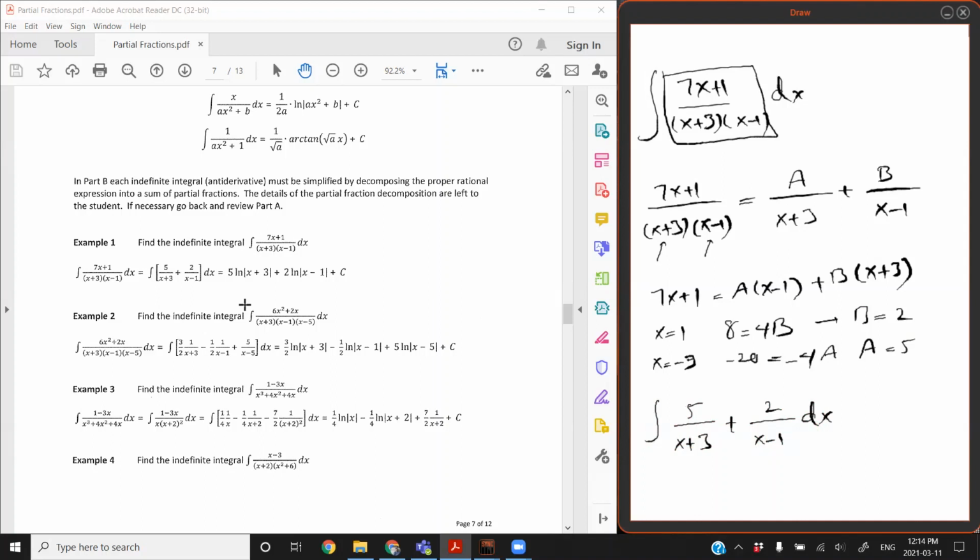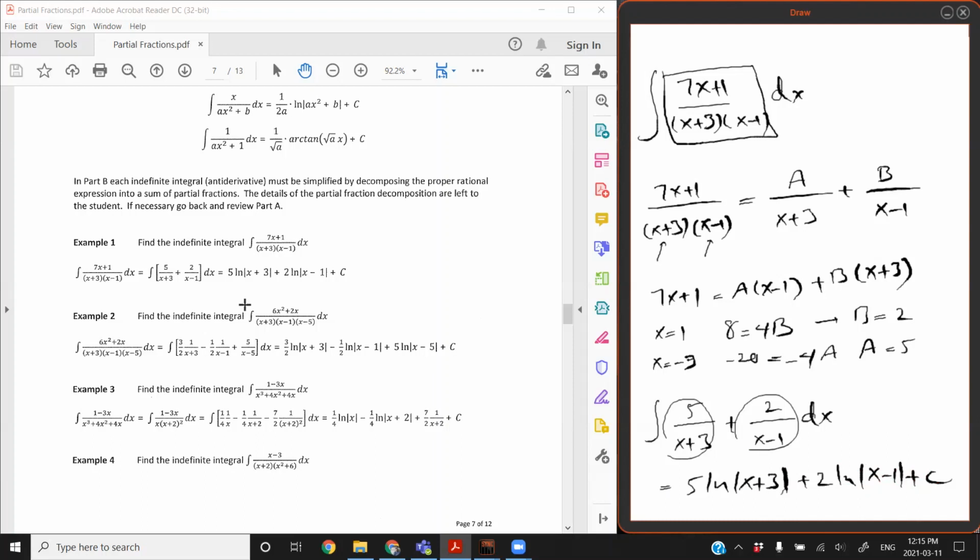Then I have two simple fractions. I can easily find the antiderivative of these ones using a substitution, taking the denominator to be u. And if I do that, I can do this in my head. It's going to be 5 ln of absolute value of x plus 3 plus 2 ln of absolute value of x minus 1 plus c.